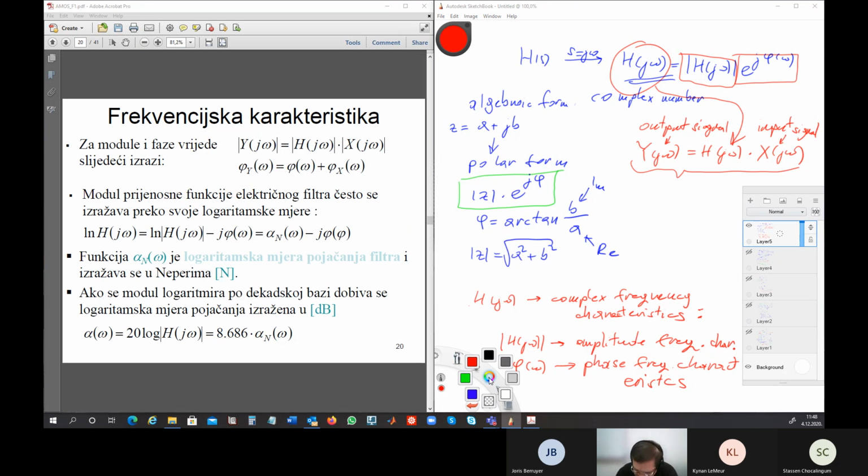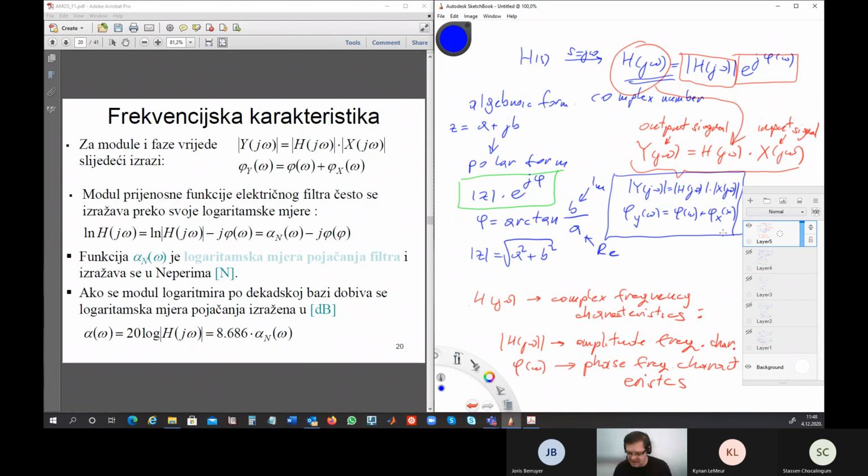We can separately calculate absolute Y of j omega as the multiplication of absolute H of j omega times absolute X of j omega, or the phase of the output signal is the phase of H of j omega plus the phase of the input signal X. So this is how we calculate the output signal if we know the input signal.